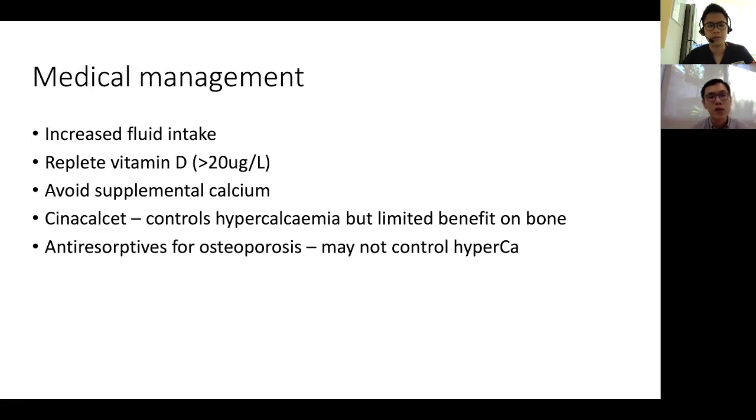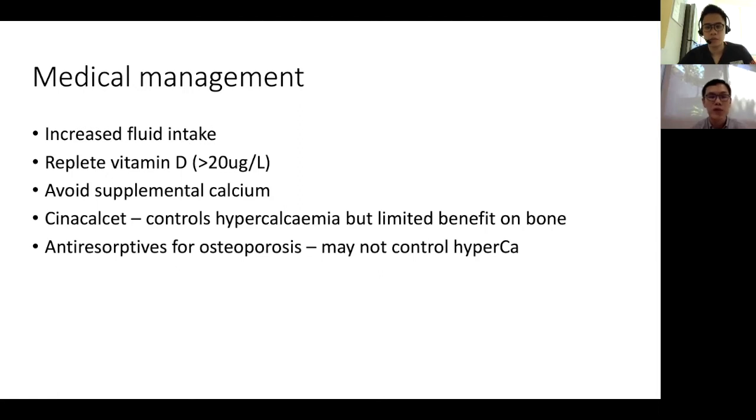In terms of vitamin D replacement, usually if the calcium is not severely high, they can receive vitamin D supplementation. It's a misconception that you shouldn't give vitamin D if the patient has hypercalcemia.